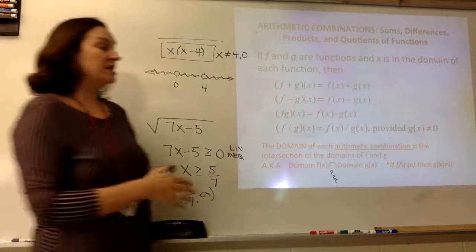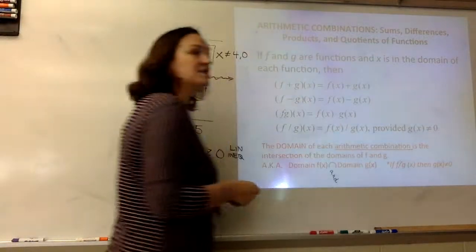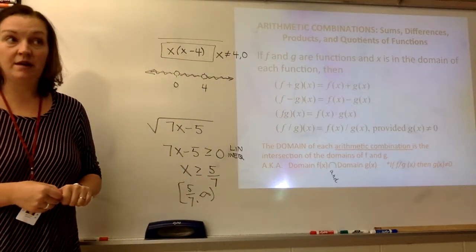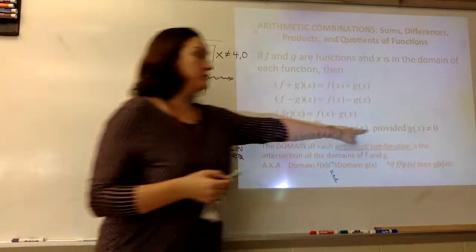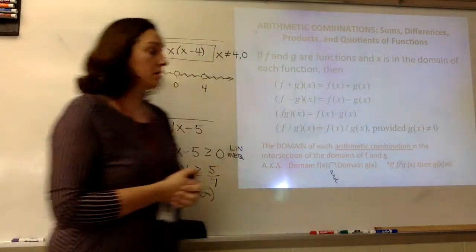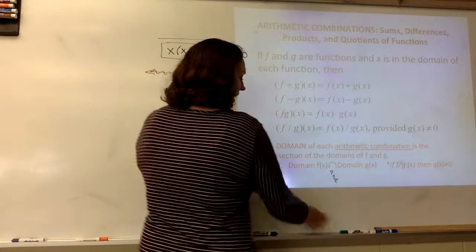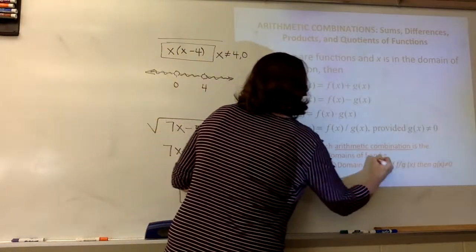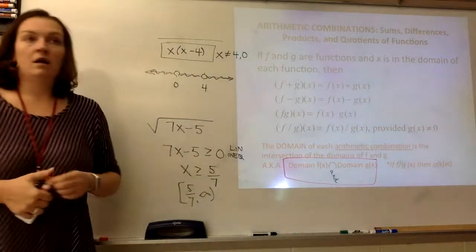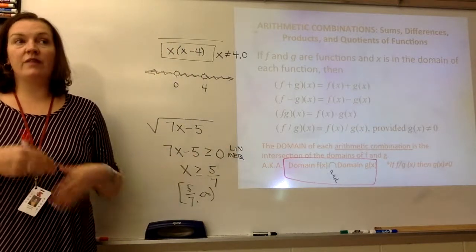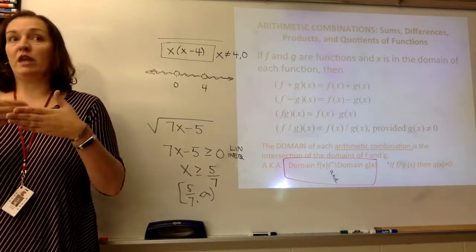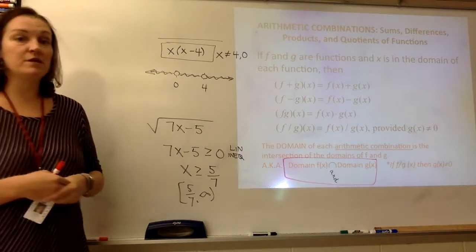The exception to that, however, is when we create the division of f divided by g, which we already talked about these restrictions yesterday in our notes. So this is the part, if you're going to highlight, that's important, right here. It's the domain of f and the domain of g. You're looking for the overlap of those 2 separate domains.